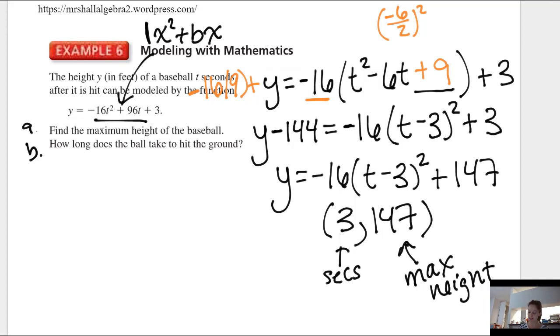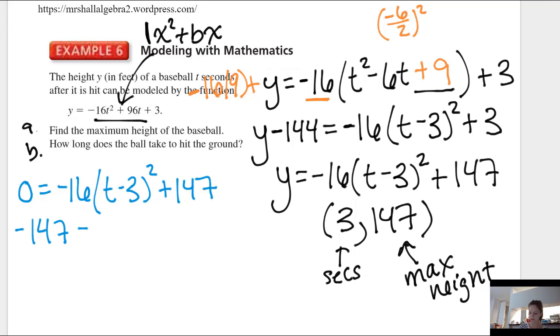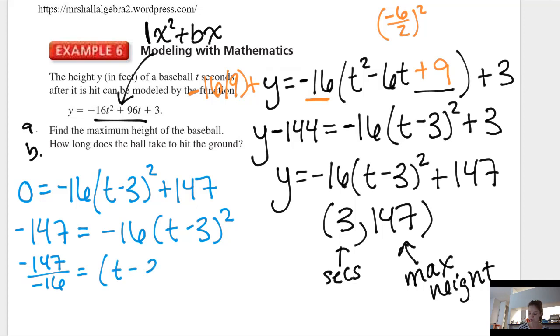Now part B, how long does it take the ball to hit the ground? So what we can do is set y equal to 0, get 0 equals negative 16 times (t minus 3) squared plus 147. We'll move the 147 over, get negative 147 equals negative 16 times (t minus 3) squared. Divide both sides by negative 16, which will get negative 147 over negative 16 equals (t minus 3) squared.